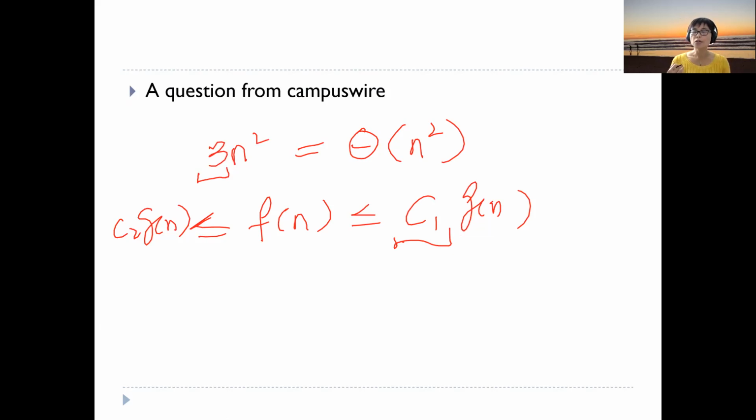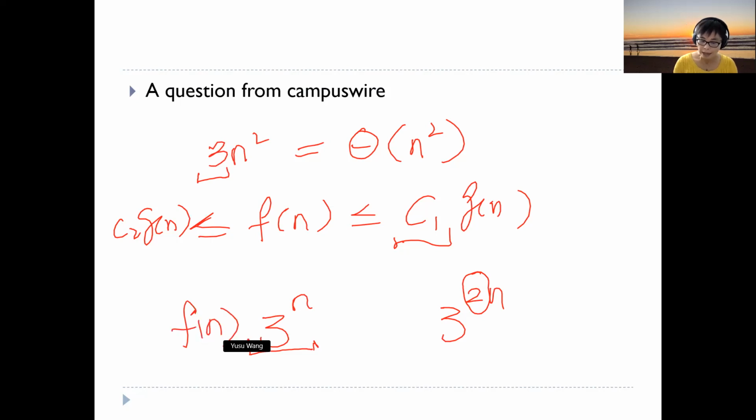However, if you have a constant in the exponent, then you have to think, what does that mean? So for example, if I have 3 to the power of n and 3 to the power of 2n, it looks like we only differ by a constant, okay? However, this is our f of n, and this is our g of n.